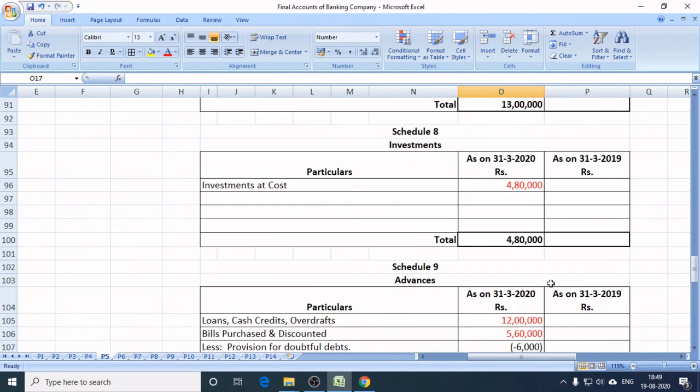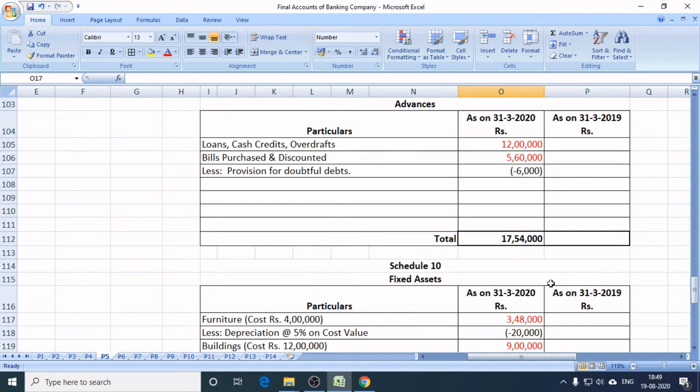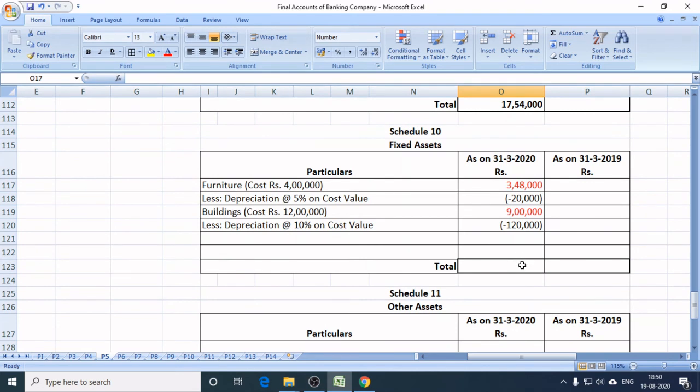Okay, now we have the fixed assets. Now let's calculate fixed assets. Here, first of all, let me calculate from the total of 3,48,000 and 9 lakh.